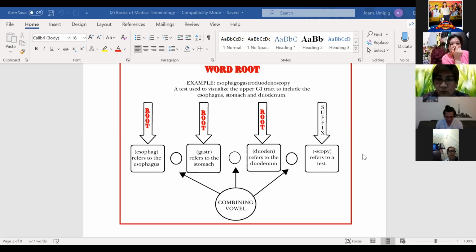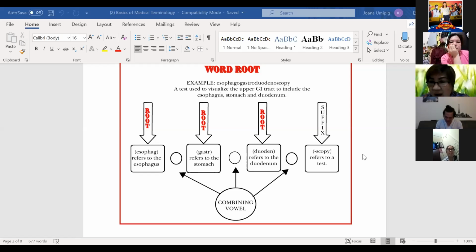So it's a root word, esophag. Second is gastro. Gastro is another root word, which means stomach. And the root word for duodenum, the small intestine.